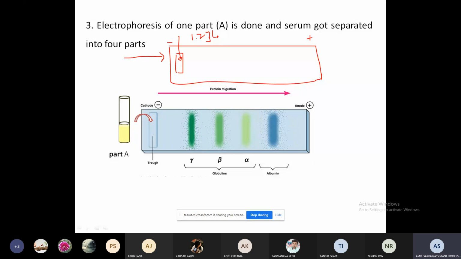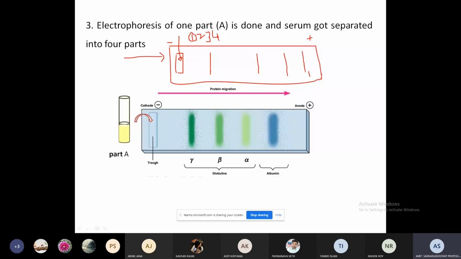Some are very light, some are moderately heavy, some are very heavy. So the lightest one will reach the positive electrode first, then the slightly heavier one, then the moderately heavy one.